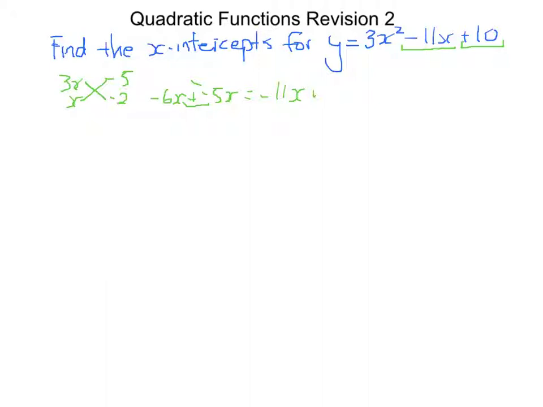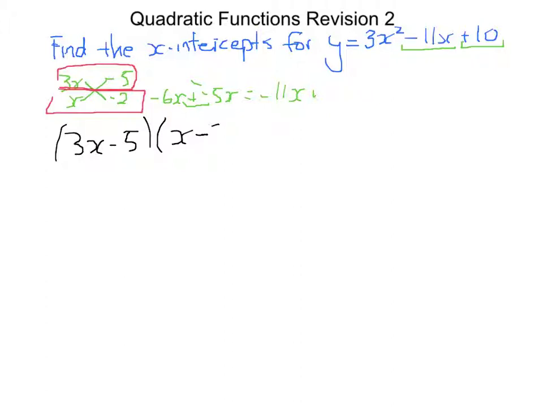So that tells us that 3x take away 5 is going to be our first pair, and x take away 2 is going to be our second pair. So that's now factorised, and we want to solve that for y is equal to 0.